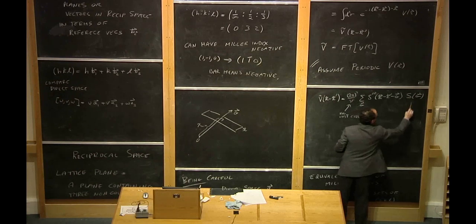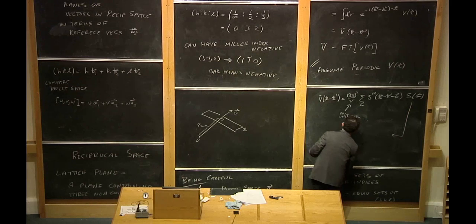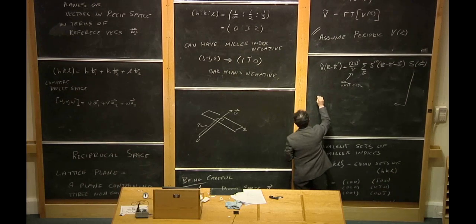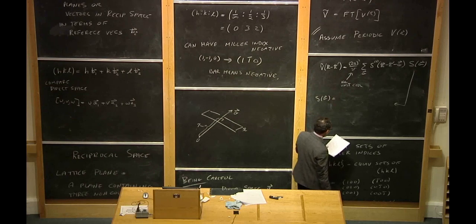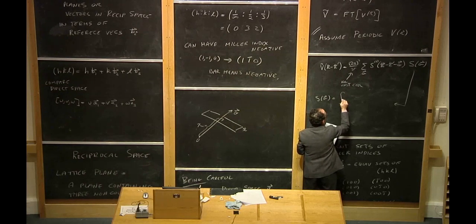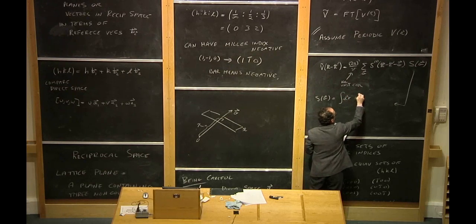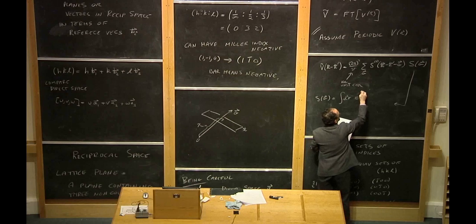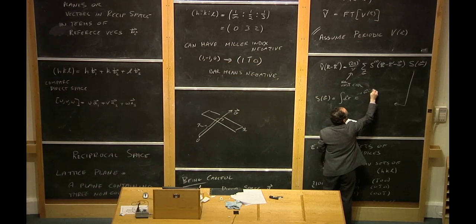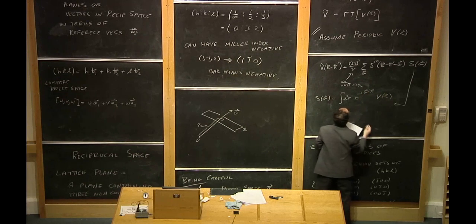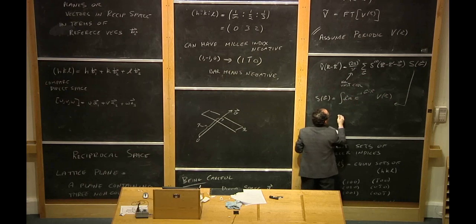And the structure factor here, S of G, equals the Fourier transform within a unit cell: the integral d3r of e to the i G dot r times v of r, where the integral is over the unit cell.